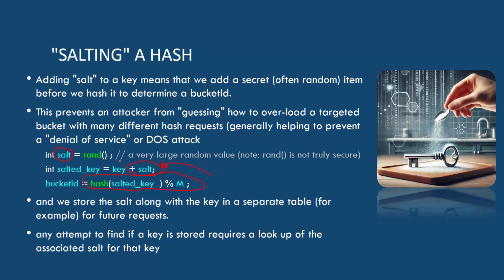So if you ever hear a reference to salting a key or salting a password, that's generally what we're doing. We're adding some secret item to every key we're hashing before we put it into our hash function, so people can't look at the input, compare the output, and try to figure out what our hash function is doing. It keeps things a little more secure, essentially. I just wanted to mention that briefly in case anybody's heard of that before.